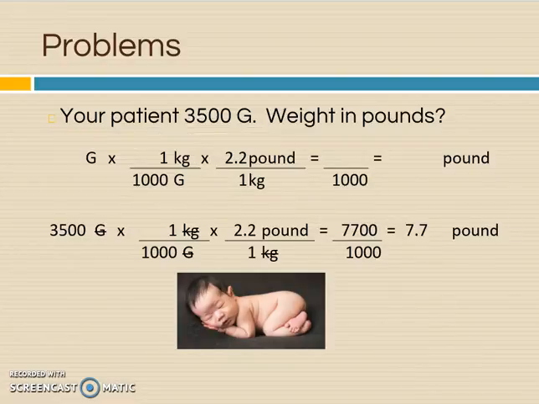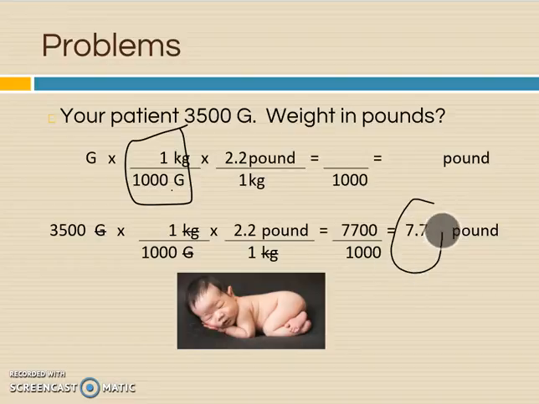So, but again, in order so that we don't get confused, we go ahead and put in the 1 kilogram is 1,000 grams, and we end up with a 7.7 pound baby, which is appropriate for a baby to put the 0.7 pounds because it represents such a large portion of the weight of the child.